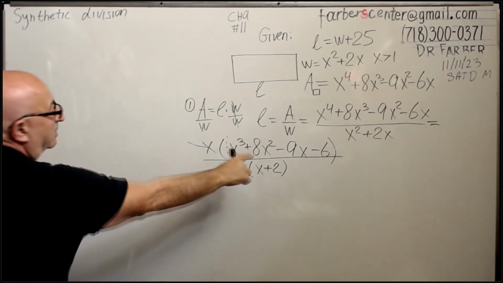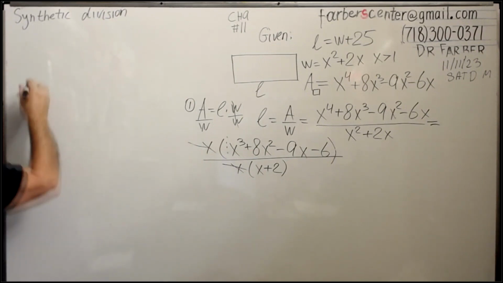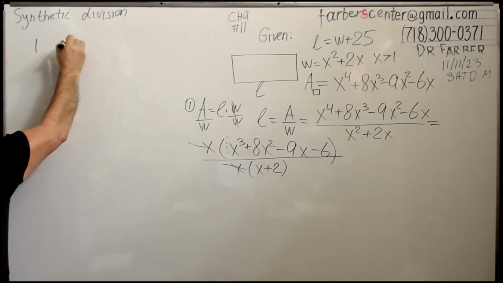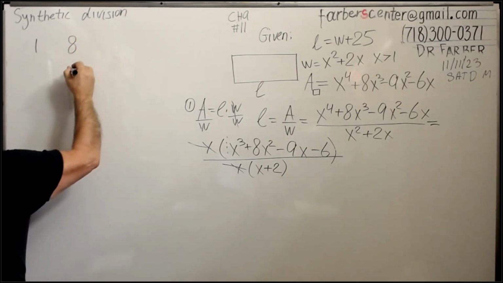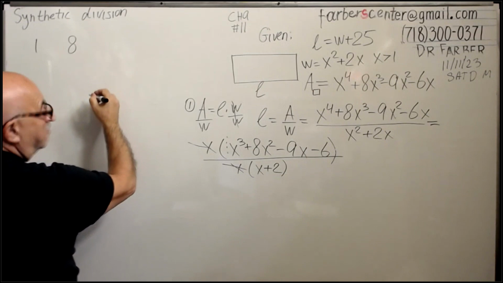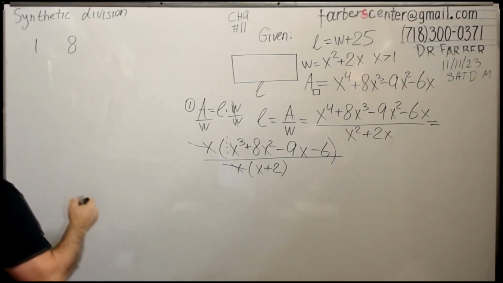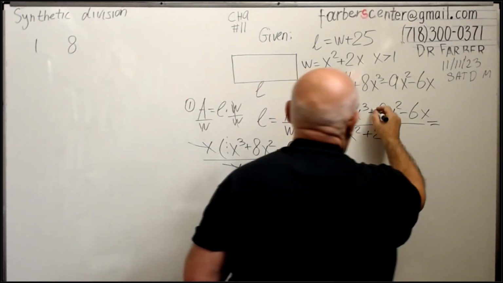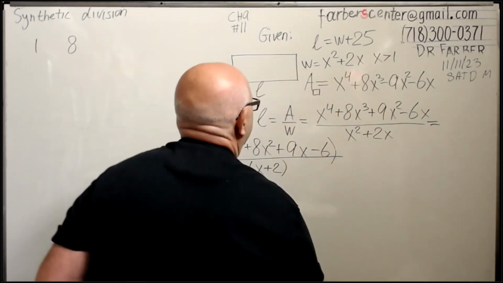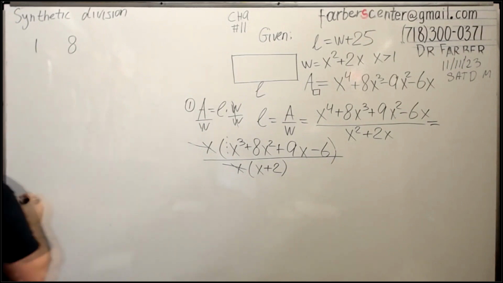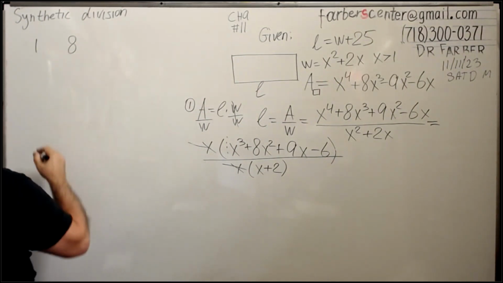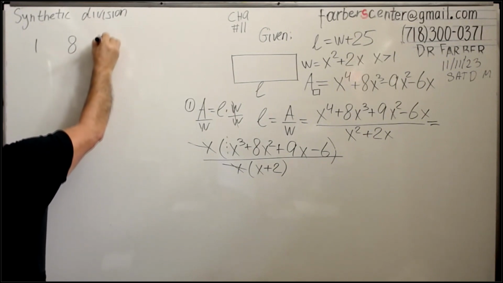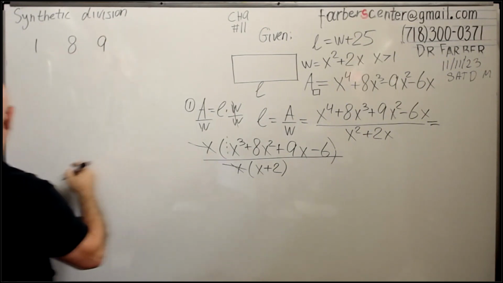Just write all these coefficients, 1, 8, 9, -6. Only here, students, it was given plus 9x squared. Be careful because this is important. If you put a different sign, you get a different result.